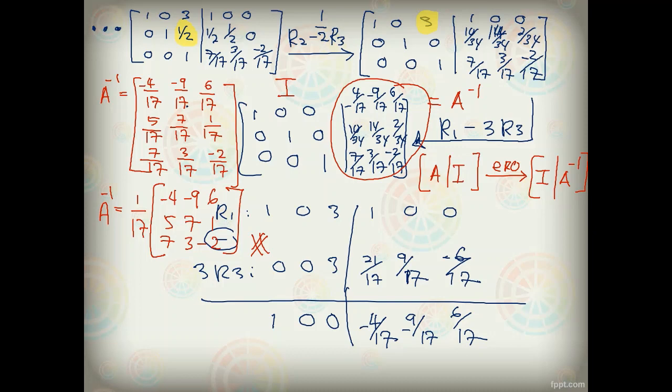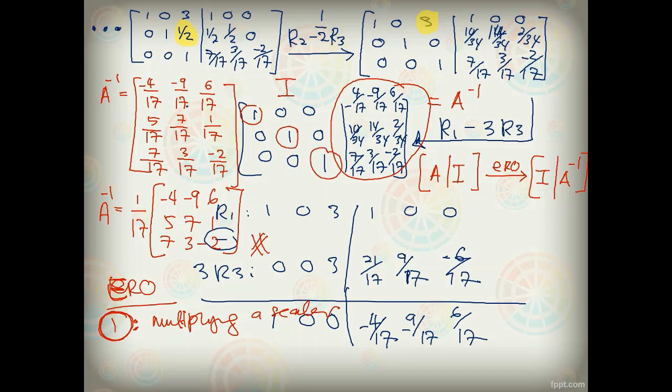Okay, so before I end this lecture, what we can conclude from this operation, ERO, elementary row operation, is this. In order to reduce the row to 1, for the diagonal part, you can apply the rule of multiplying a scalar.